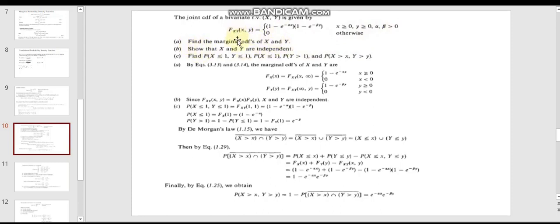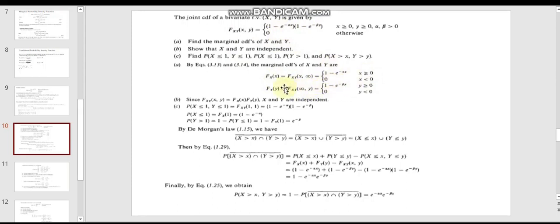By taking the marginal CDF of x, the y should be infinity when I incorporate infinity. So this term will vanish. This would be equal to 0. So the marginal CDF of x is equal to 1 minus e raised to power minus alpha x when x is greater than 0.